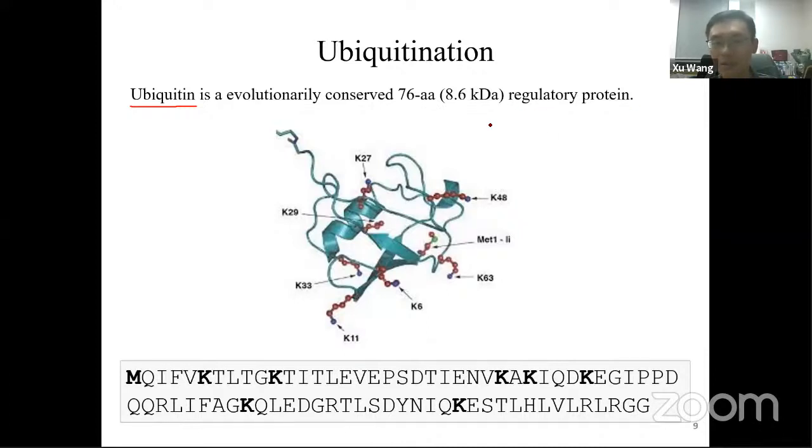It has a molecular weight of 8.6 kilodaltons. This shows the structure of ubiquitin. We can see that ubiquitin is a small protein with 76 amino acids, and this shows the amino acid sequence of ubiquitin.